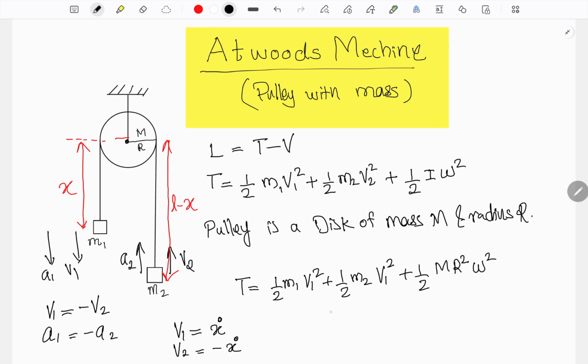So that means whatever is the speed of the string, that will be the same for the circumference of the pulley. So that means v1 or v will be equal to R omega. So that means x dot is equal to R omega.